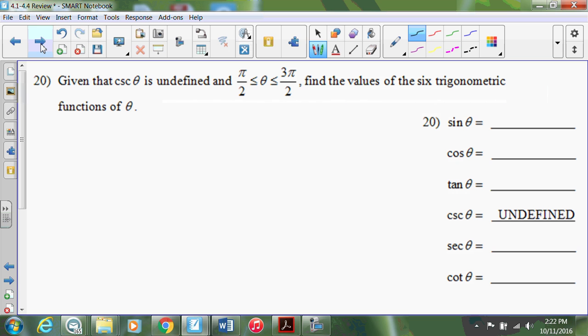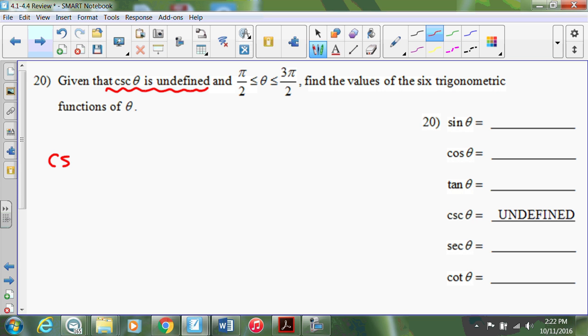Let's look at 20. Given that cosecant theta is undefined, and theta is being held between pi over 2 and 3 pi over 2, find the values of the 6 trig functions of theta. So let's start with what they gave us first. Cosecant theta is undefined.